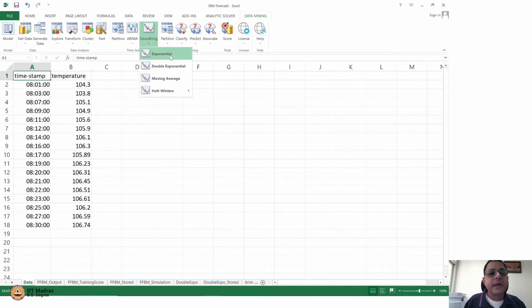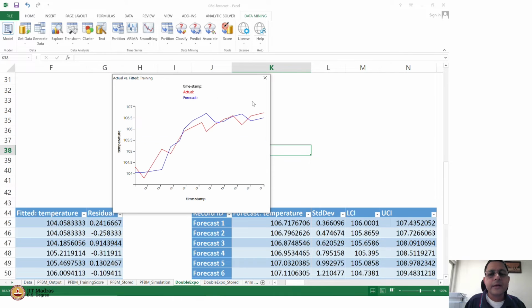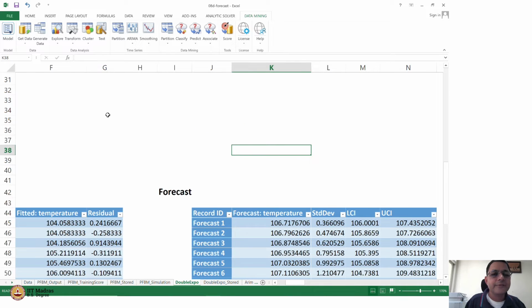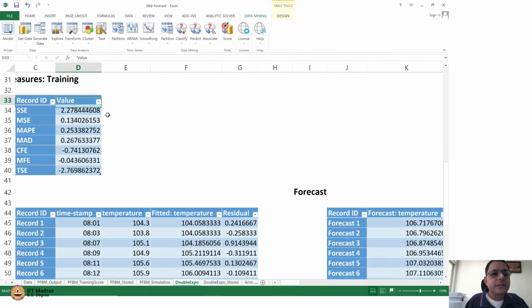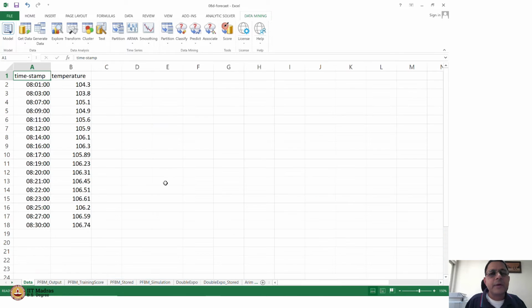We have seen exponential, we have seen double exponential, we have seen moving average. So if we are not happy with the performance indicators provided by double exponential, it will always give us the graph. If we are not happy with these numbers, we can select a different method and go with the forecast picked up from that method, right?